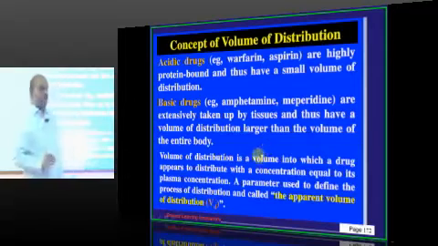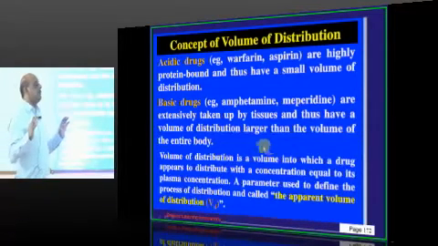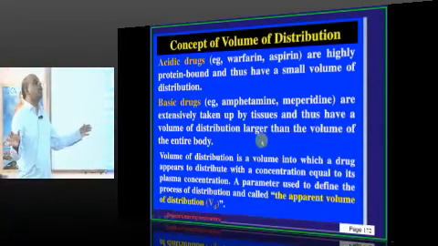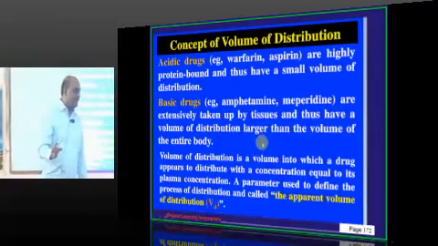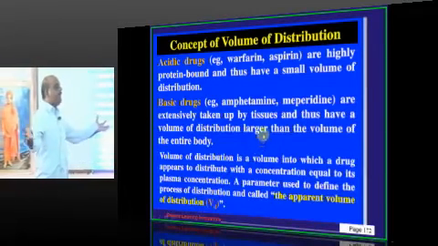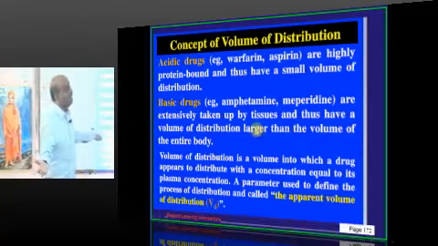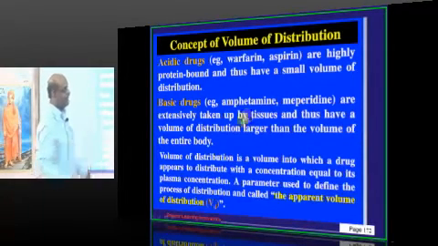Acidic drugs are highly plasma bound, so acidic drugs have a small VD. Basic drugs like amphetamine and meperidine are extensively taken up by the tissues and very little remains in plasma, and hence they have a larger VD.